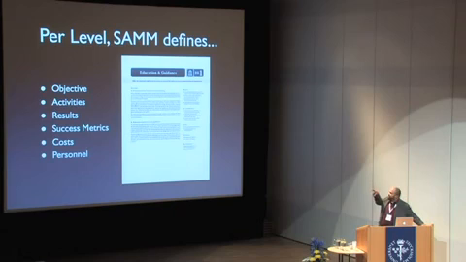In addition to that, there are bullets about results, meaning what's the actual impact to your organization, what do you actually expect in terms of benefits to your organization or new deliverables that you would be producing if you're operating at this particular SAM level. In addition to that, there are things like success metrics and some estimates of costs and personnel overhead and things of that nature for each of the levels, just to give you an idea of how that would work.